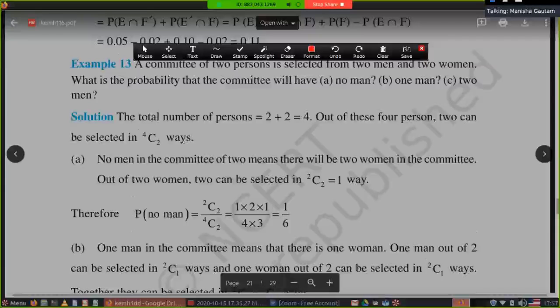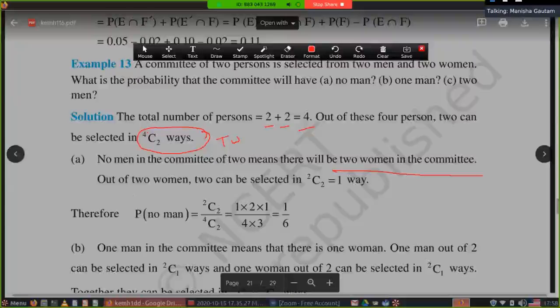Here, the total number of persons given to you is 2 men and 2 women, that is 4. And out of 4, you have to choose 2. It means 4C2, any 2 you can choose. This will give you total ways. First case, no man in the committee of 2. No man means there will be 2 women in the committee. You have to select 2 persons and no man will be there.